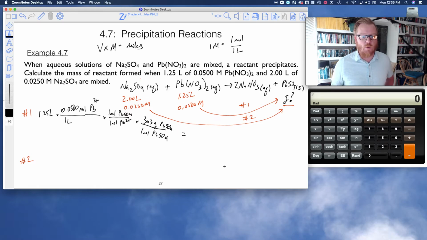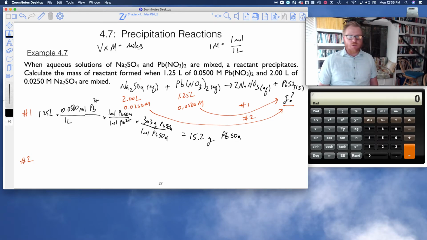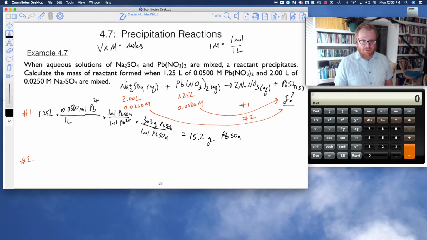And so when I do that, the answer I get is 15.2 grams of lead sulfate, starting with the lead. So now let's start with the sodium sulfate solution instead.